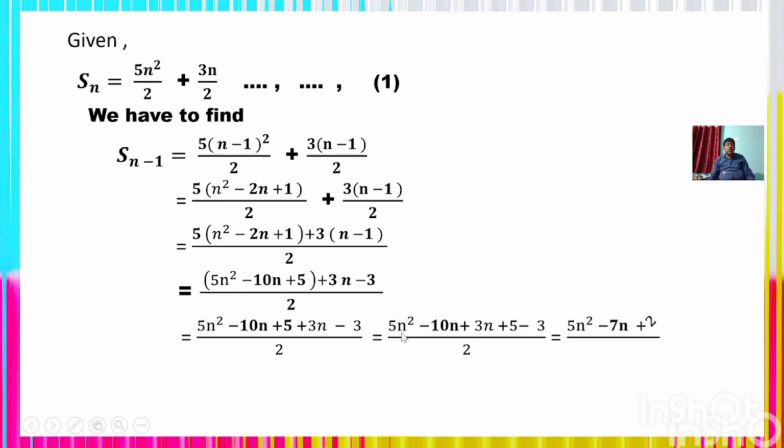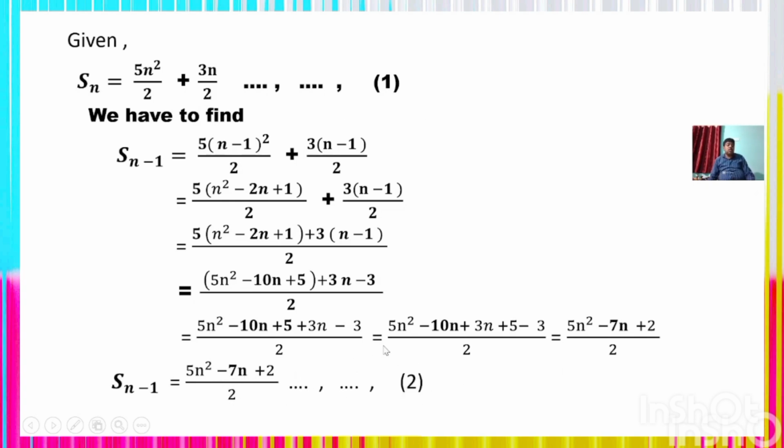Here, you will get 5n square minus 10n plus 3n plus 5 minus 3 by 2, which is 5n square minus 7n plus 2 whole divided by 2. Thus, we got Sn minus 1 is equal to 5n square minus 7n plus 2 whole divided by 2.